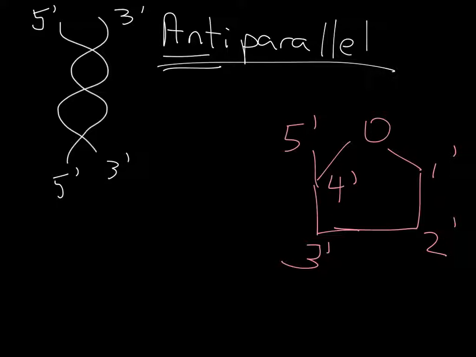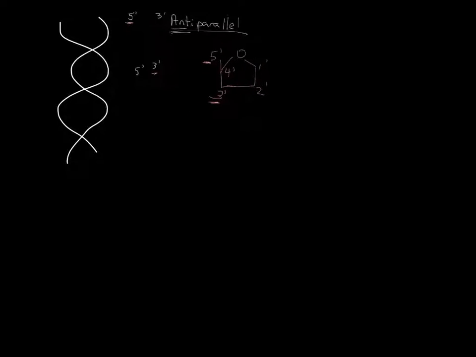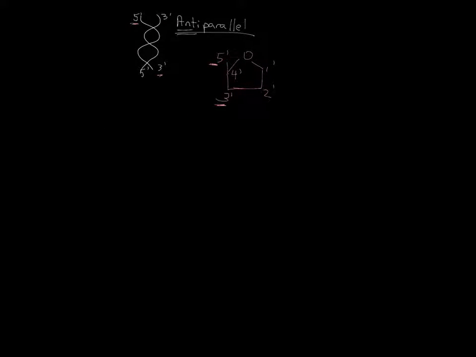Yep. So that's what this 5' means, that this is this part sticking out, and the 3' means it's this carbon down here. Is everybody okay with that? So that's where the 5' and 3' come in.